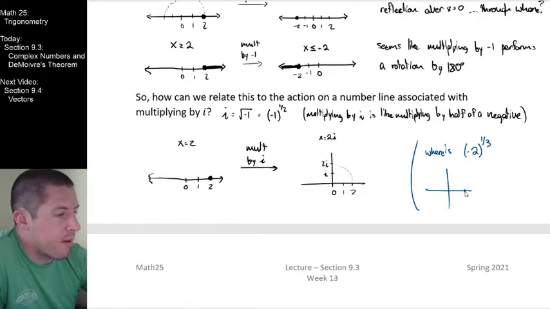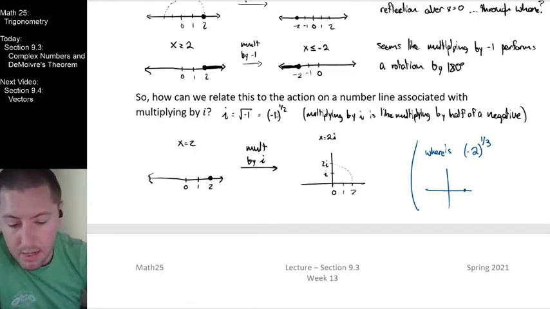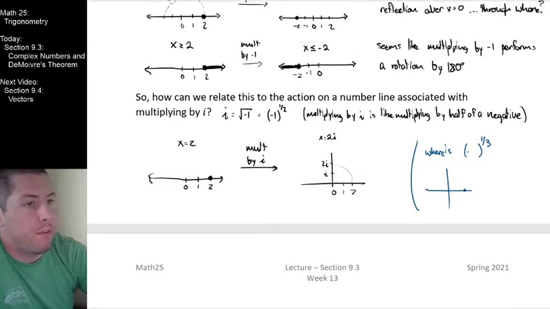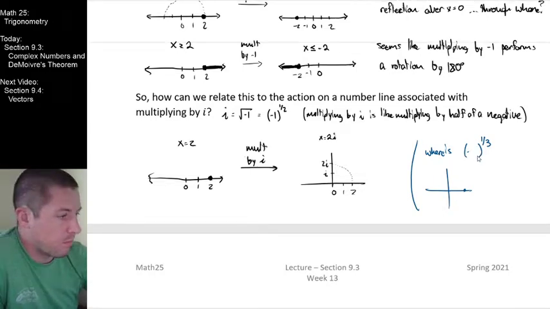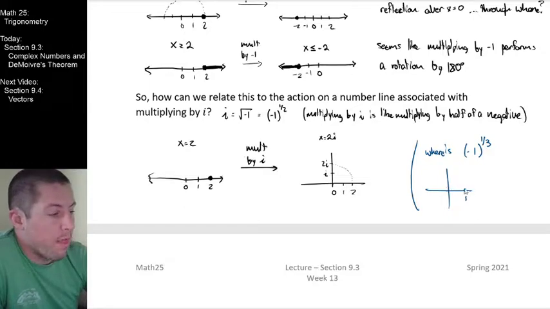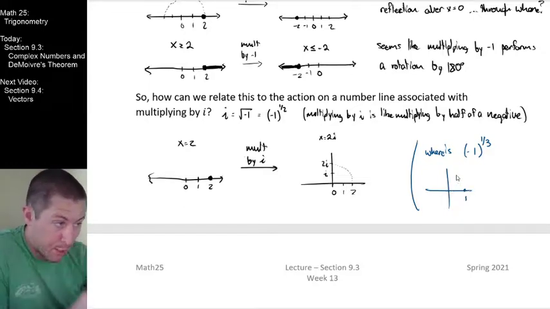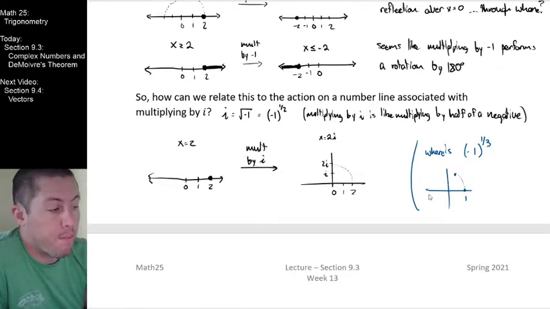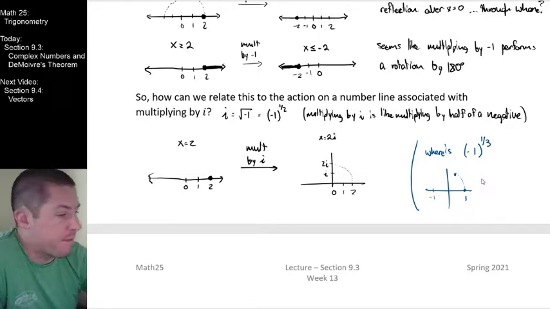Just to get rid of the numerical confusion right here, let's write -1. If that's where 1 is, then this is like saying do 1/3 of a negative, and so we should conceivably end up doing 1/3 of a rotation, where if we did all three parts, we would land back over here at -1, right?